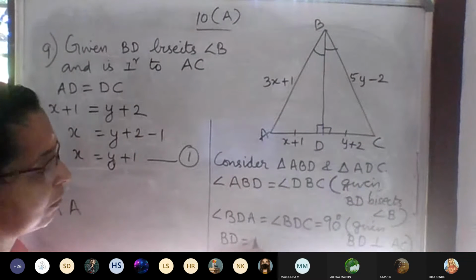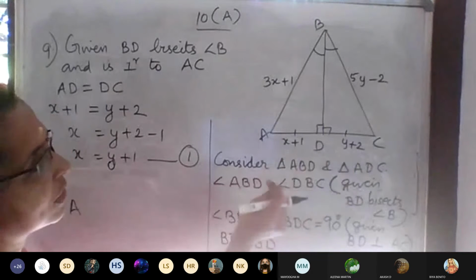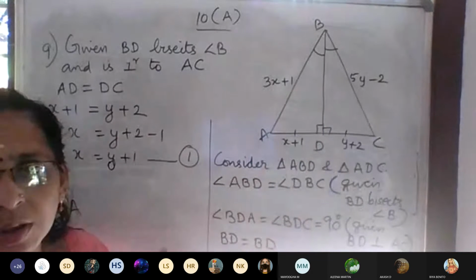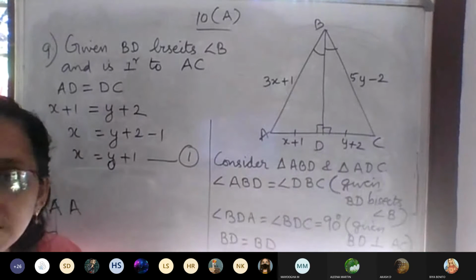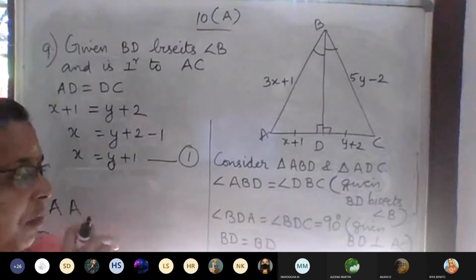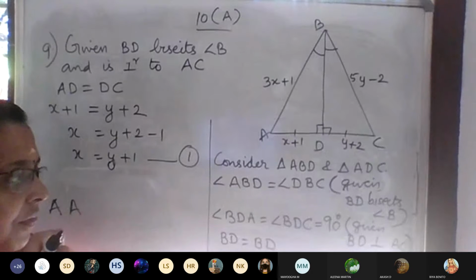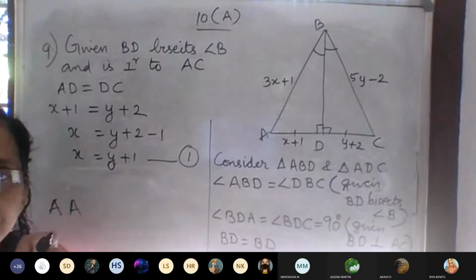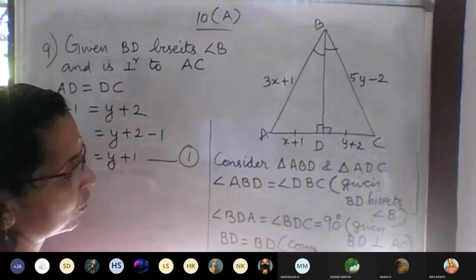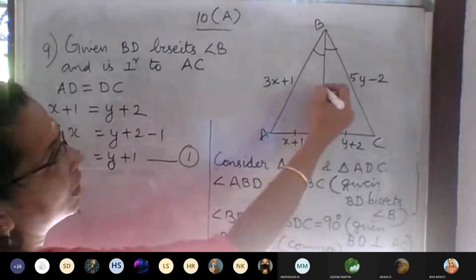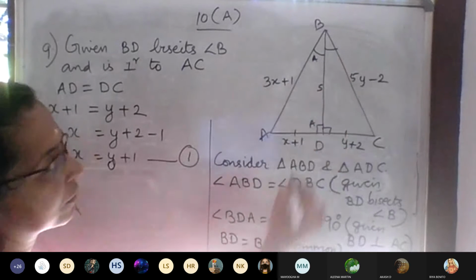BD is equal to BD. Once we wrote this angle, no need of writing AD is equal to DC. That same concept, using the isosceles triangle concept from this chapter. So don't write that. BD is equal to BD, common. So BD, this one A, this is side, this one A.